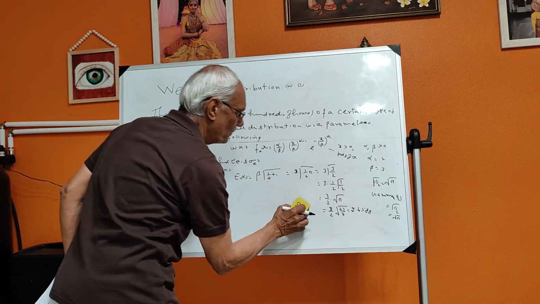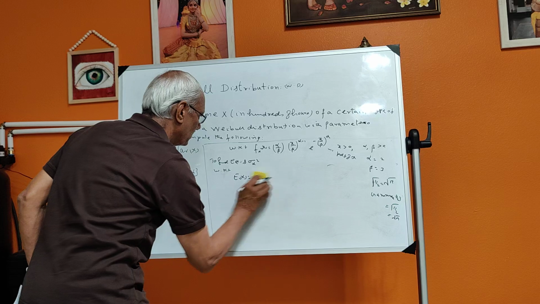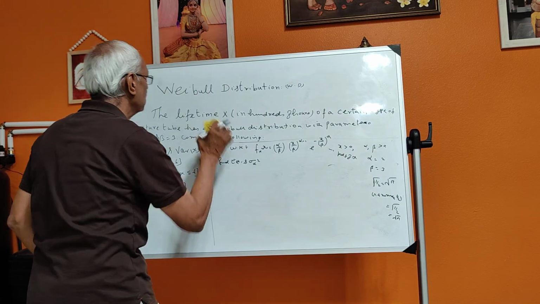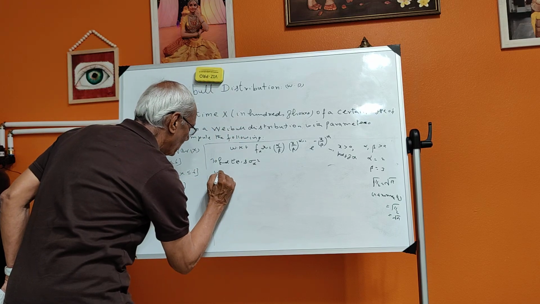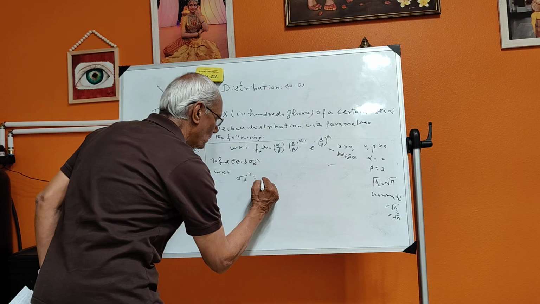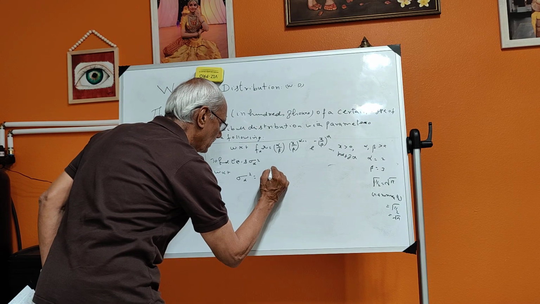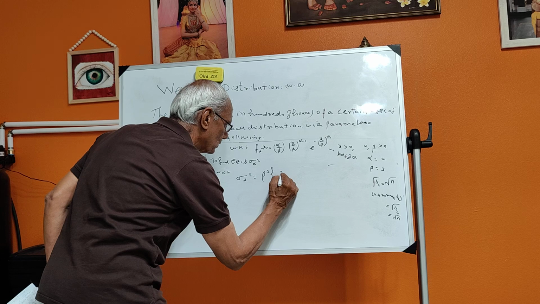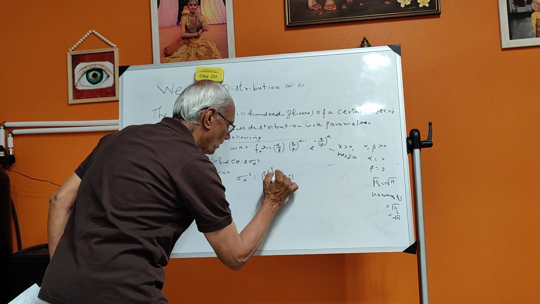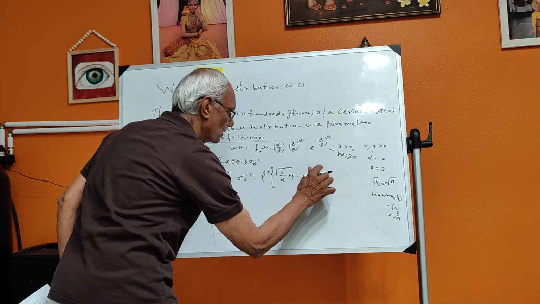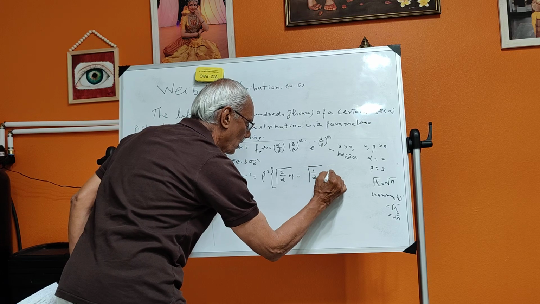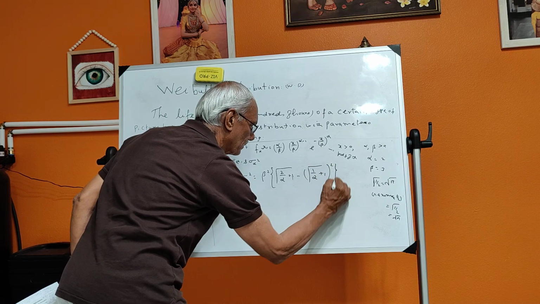Let us come to the next one: sigma of x squared. Let me work out this. We know that sigma of x squared is equal to beta squared into [gamma of (2/alpha plus 1) minus (gamma of (1/alpha plus 1)) whole square].